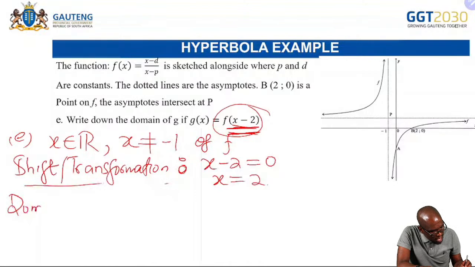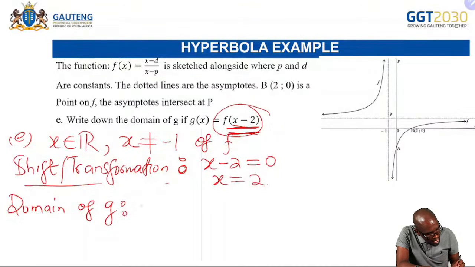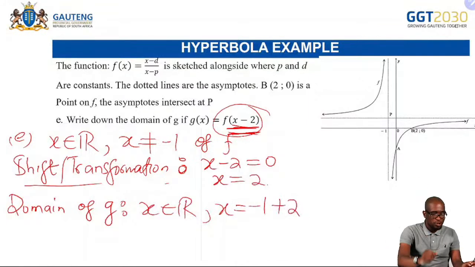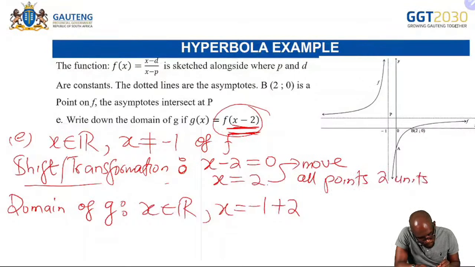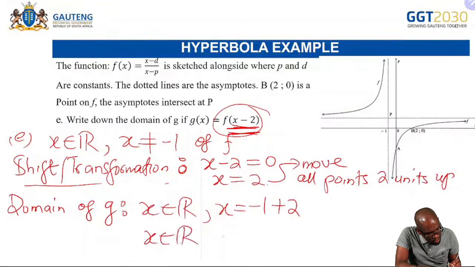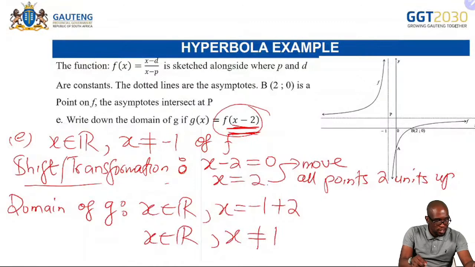So the domain of g is now going to be x an element of all real numbers, but x cannot be equal to negative 1 moved 2 units, because the transformation says move all points 2 units. So we get that x is an element of all real numbers, but x cannot be equal to 1. That is how we find the domain of g.